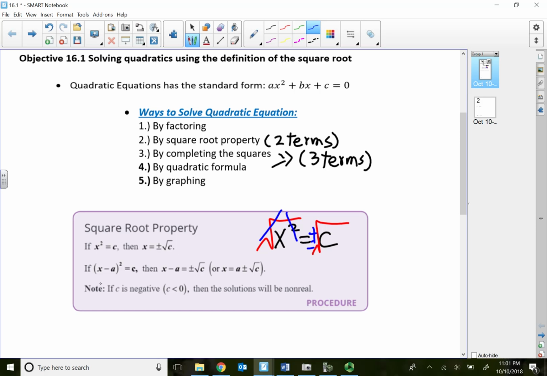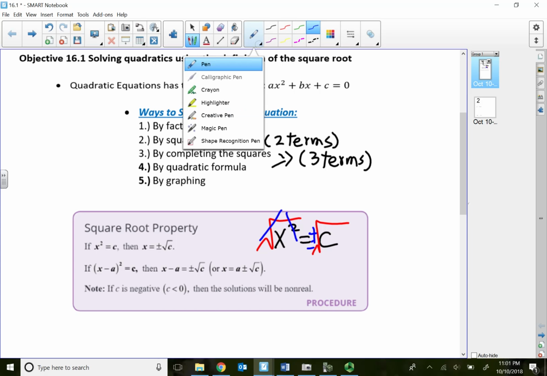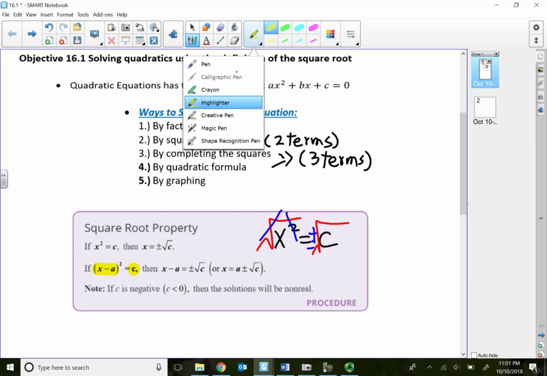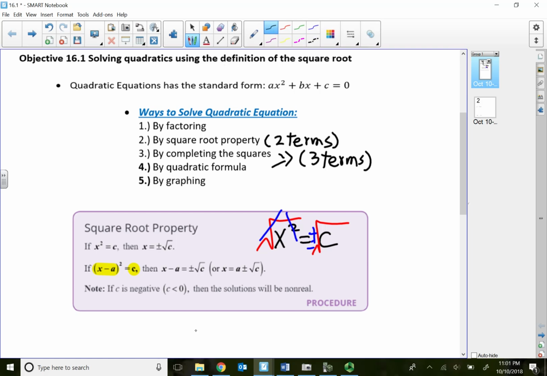All right. If my quadratic equation looks in the form of x minus a whole thing squared equal to c, technically this form only has two terms, just like x squared equal to c. So whenever I have two terms, I can simply take a square root on both sides.